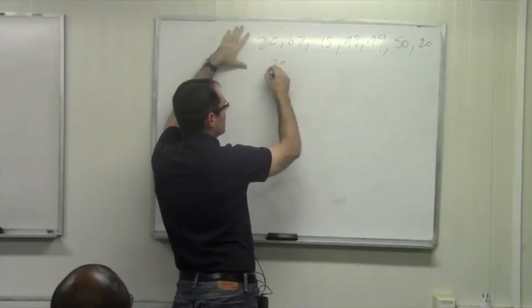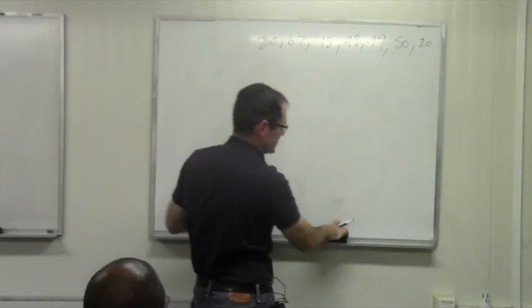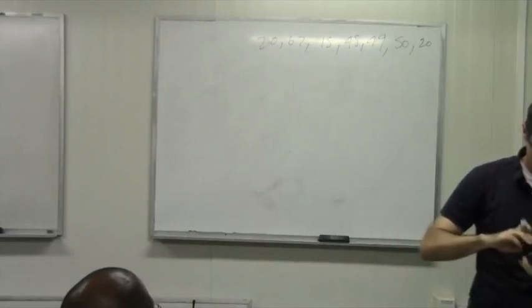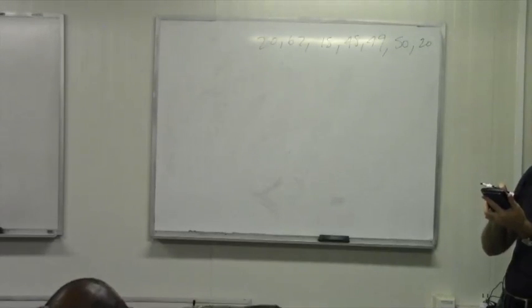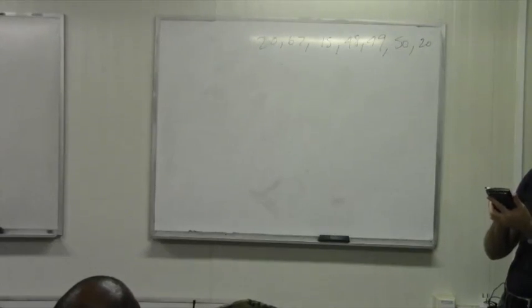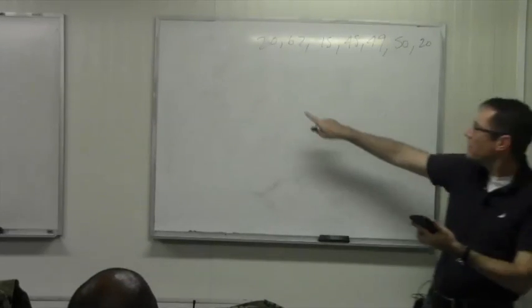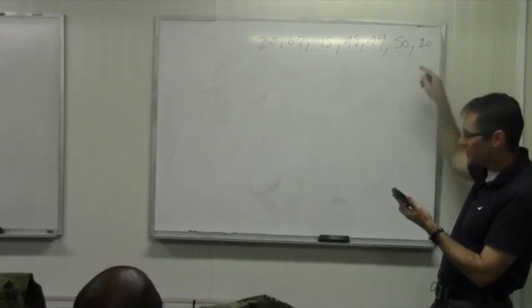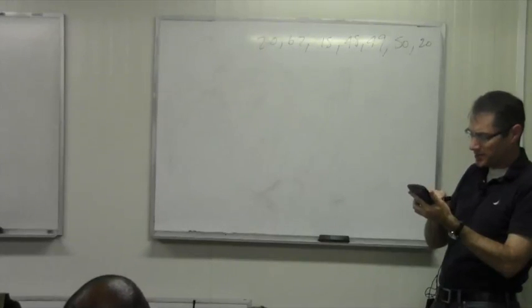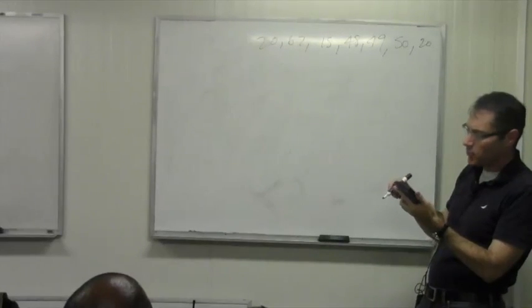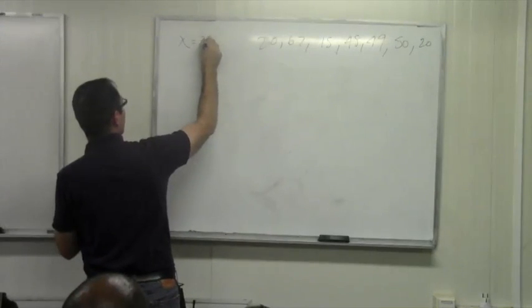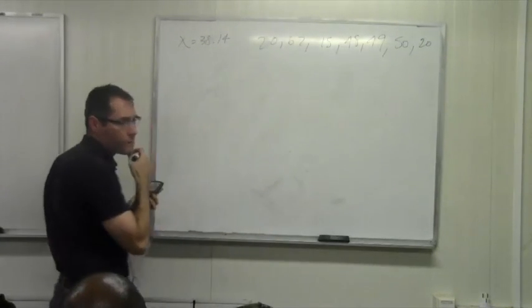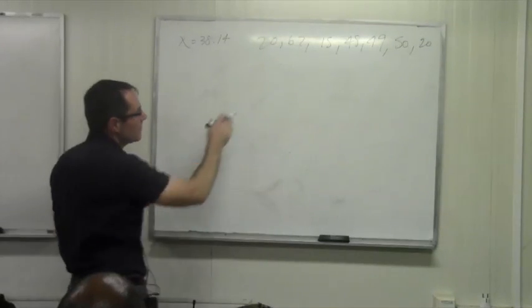Well, let's just do it. 20 plus 62 plus 18 plus 48 plus 49, 50, 20. Divided by what? 1, 2, 3, 4, 5, 6, 7. Divided by 7 gives me 38.14. OK? That's the mean.